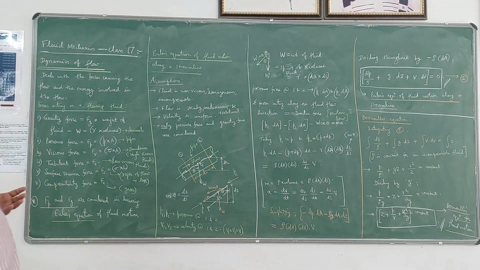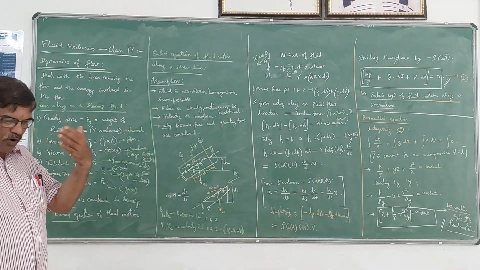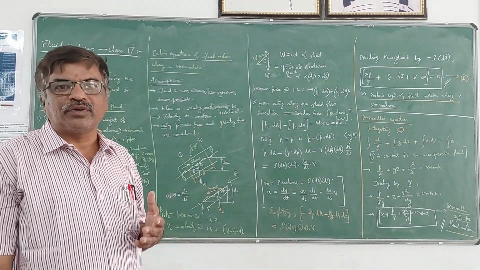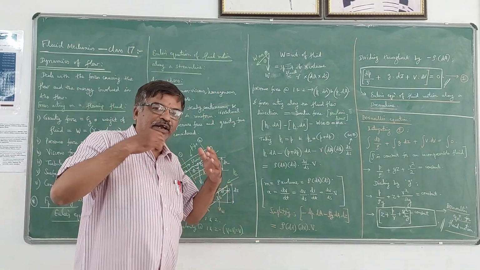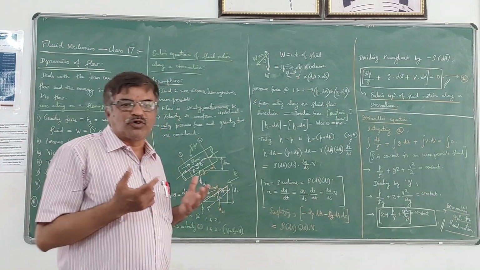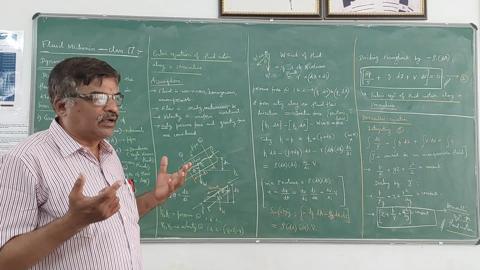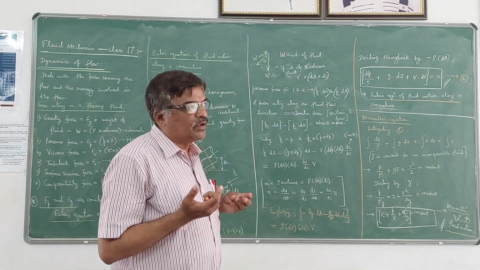Now let us see what are the different forces acting in general on a fluid which is flowing. So it can be characterized as body force, surface force, linear force, like that. Body force means along the entire volume of the fluid that force will be acting. For example, you can take weight of the fluid as the body force.